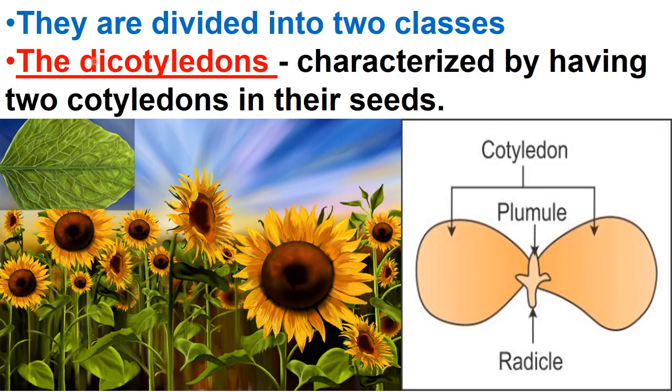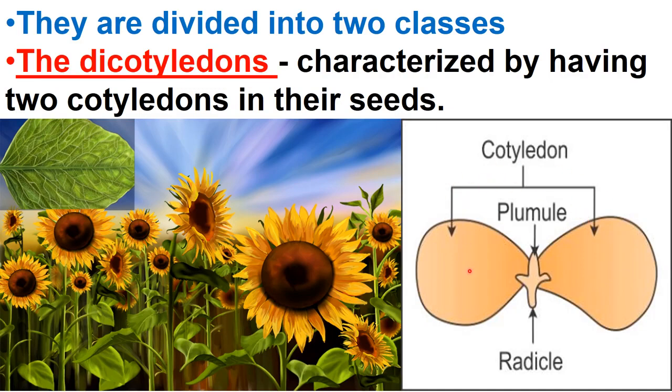Now angiosperms are divided into two classes, dicotyledons and monocotyledons. The dicotyledons are characterized by having two cotyledons in their seeds. You can see here this is a sunflower, an example of a dicotyledon angiosperm. And you can see here the dicotyledon seed, with two cotyledons.